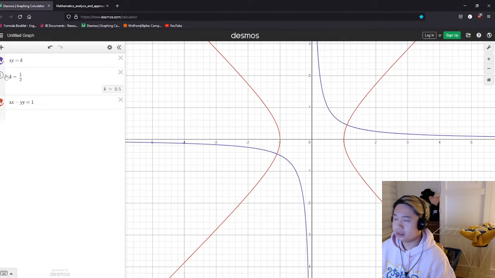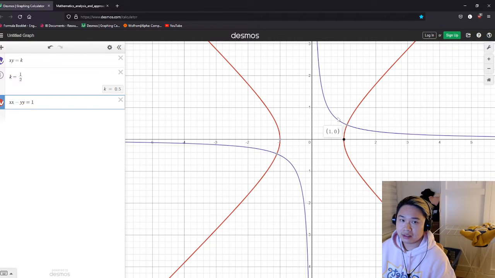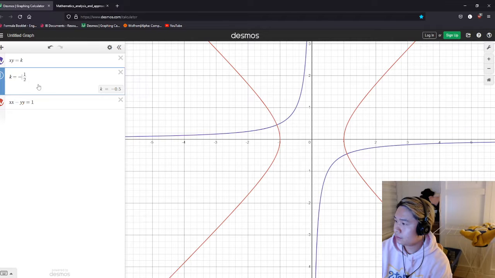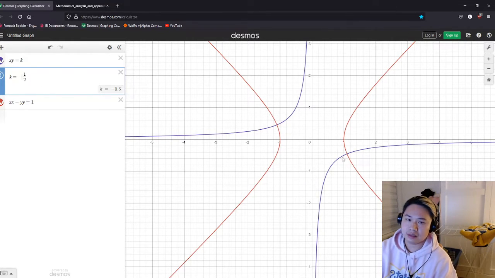So when k is 1/2, as you can see, this point can rotate to right here, and it's the appropriate distance of 1 away, so they coincide. Or if you do negative 1/2, then the reciprocal graph changes, but now it just rotates this way.